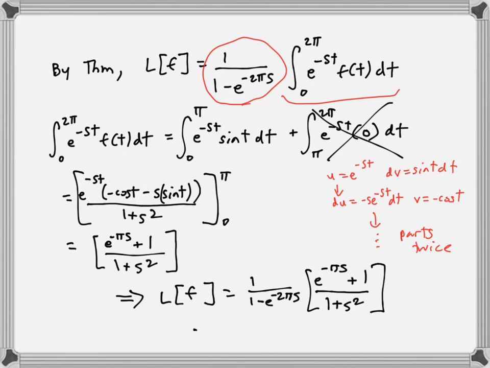However, something nice does happen here because this bottom guy can factor, right? This is a difference of 2 squares. This is 1 minus e to the negative pi s times 1 plus e to the negative pi s.